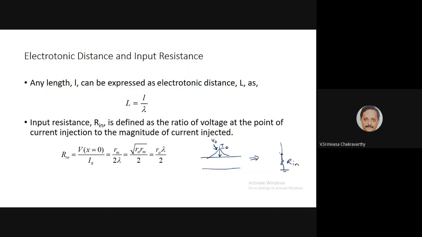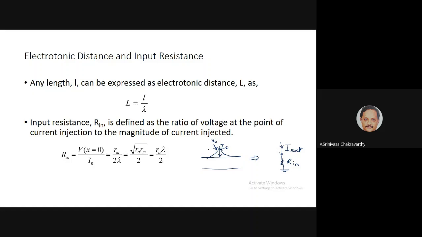If I replace this cable with some resistance, I should not see any difference. I should get the same voltage. What is that resistance? That's the definition of input resistance. Basically, that is nothing but V naught by I naught. It should be some resistance which will produce a voltage of V naught. Then you won't see any difference.